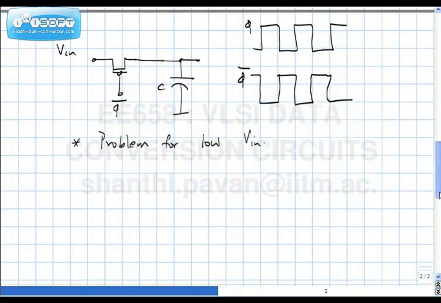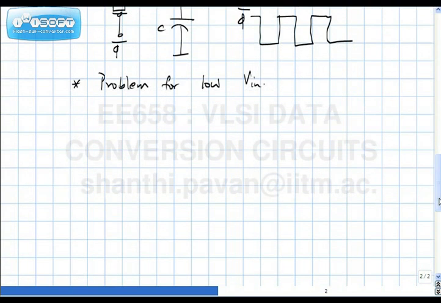So, what is the obvious conclusion? NMOS has got a problem when things go high, PMOS has got a problem when things go low. So the obvious thing is to put both of them together and make a transmission gate.